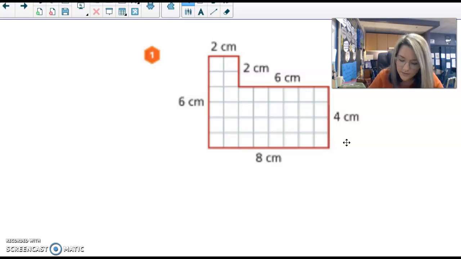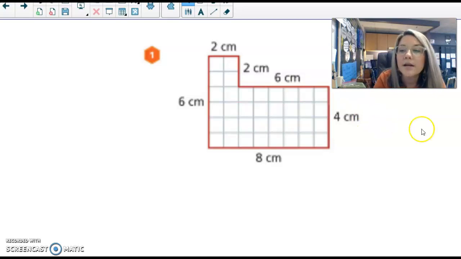So it can be confusing figuring out the dimensions of this rectangle because it's not really a rectangle. It's a rectilinear shape, and a rectilinear shape is where two or more rectangles are put together. Okay, and there are all these different numbers showing lengths of different sides of the shape.